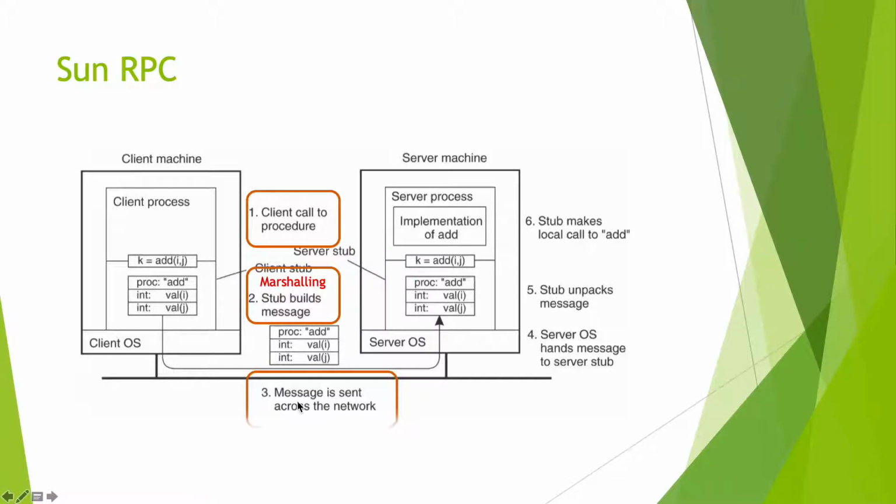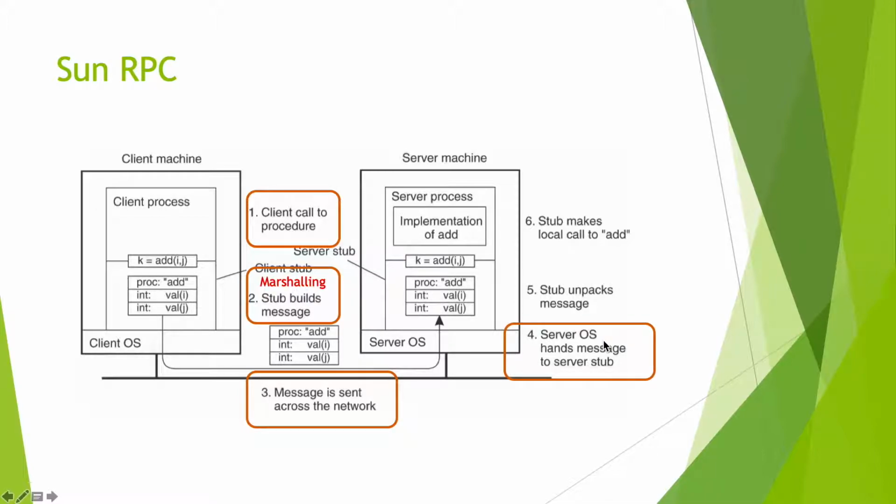Later on, the message will be sent across the network. This is handled by the stub, which puts the message to the network layer of the operating system, and the operating system sends it to the server-side operating system.